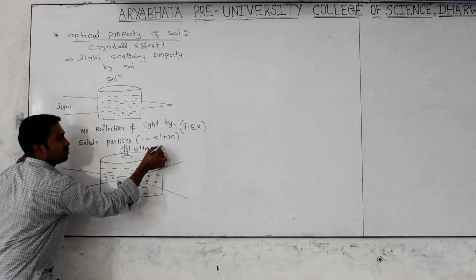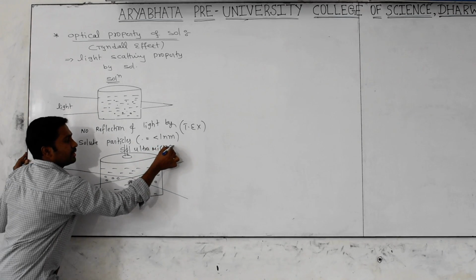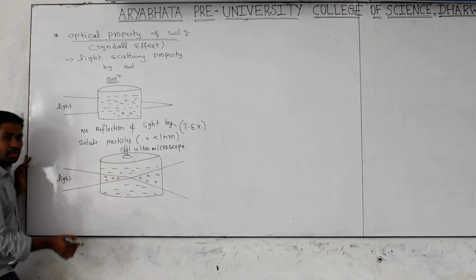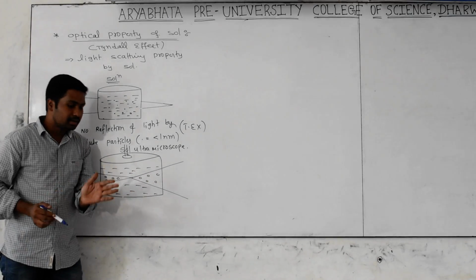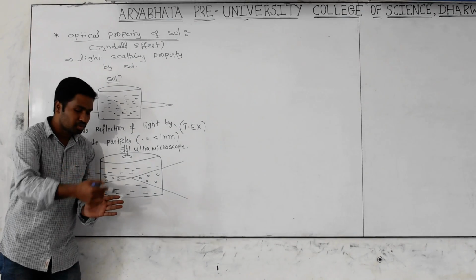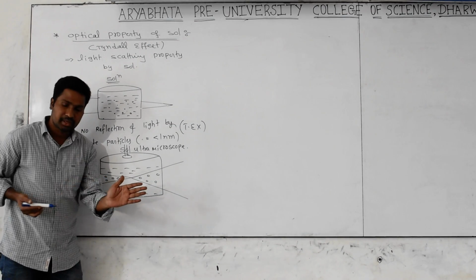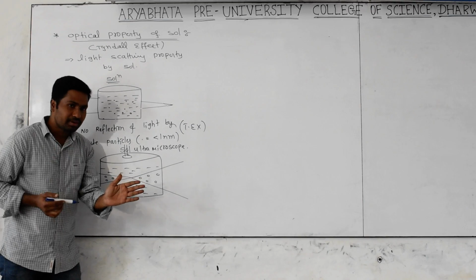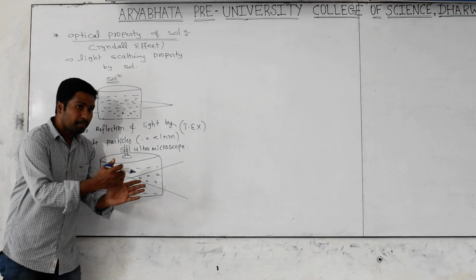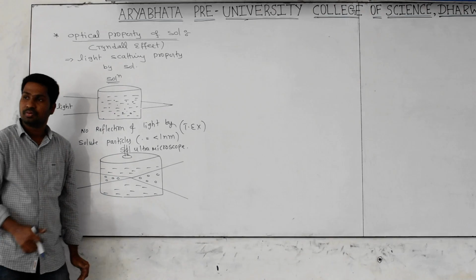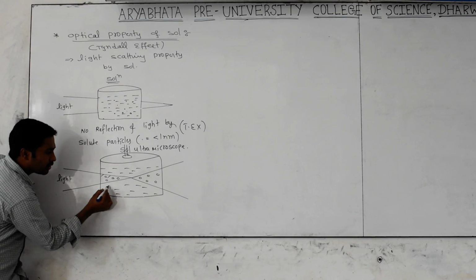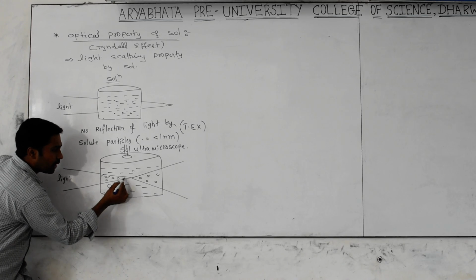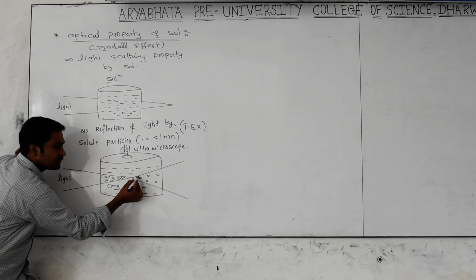Then what happens? You are sending light rays like this, but in the sol you are seeing the total phenomenon in the right angle direction to the incident light direction. Then we can observe the path of the light rays in the sol. The path appears in the form of a cone shape. Why is it happening like this?